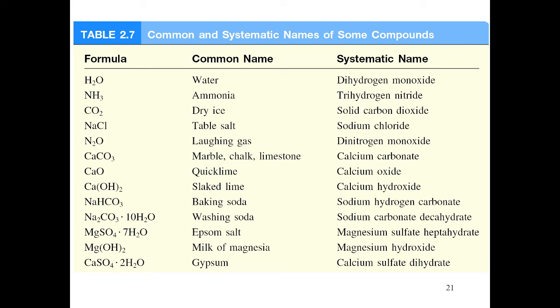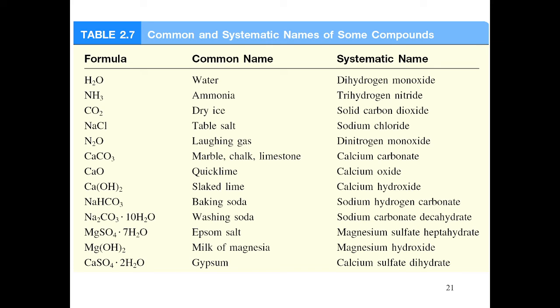So we have here water, ammonia, dry ice, not so common, table salt, laughing gas, which is used in dental clinics, but rarely nowadays. We also have marble, chalk, and limestone, which is just calcium carbonate. We have quicklime or calcium oxide, slaked lime, calcium hydroxide.